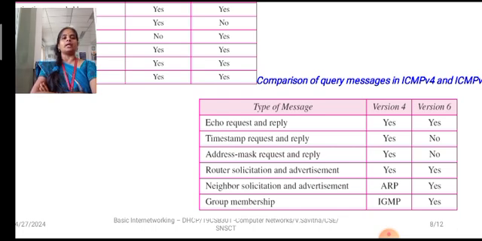Along with that, neighbor solicitation and advertisement, which was covered separately by ARP, the Address Resolution Protocol, is built in to ICMP version 6. These are some of the changes made in ICMPv6 compared with version 4.